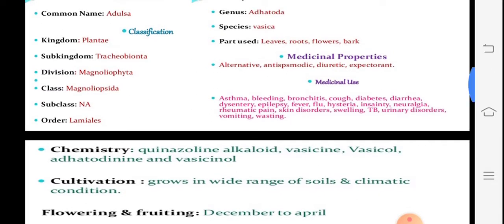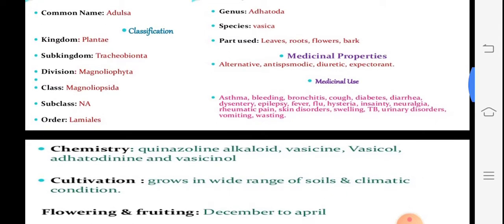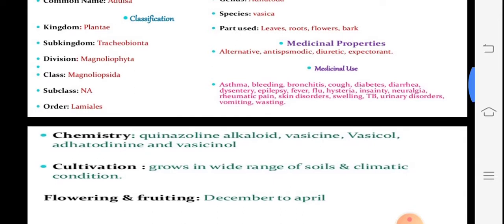Then diarrhea, which you know about. Then there are others: epilepsy, that is, loss of memory, which is caused by certain infection.